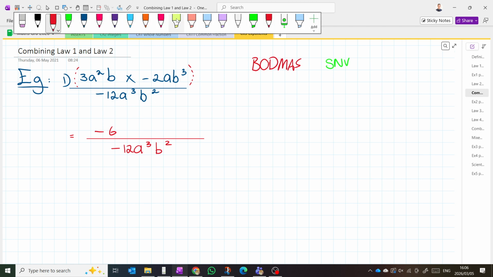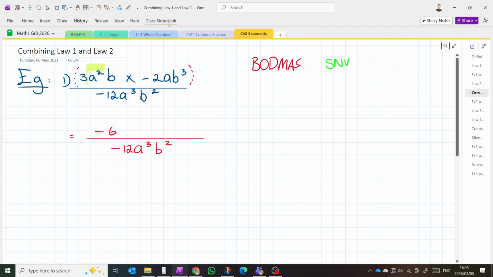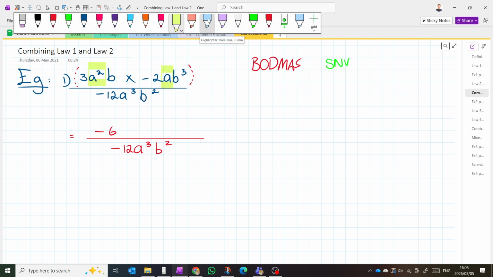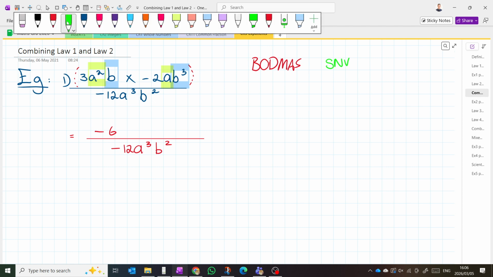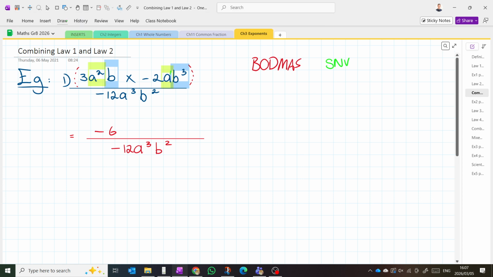But now I need to look at the same bases. Remember, the first law speaks about multiplying the same bases. So I'm going to stick to those colors. And let's look at the a's. We've got an a squared times an a to the power 1.